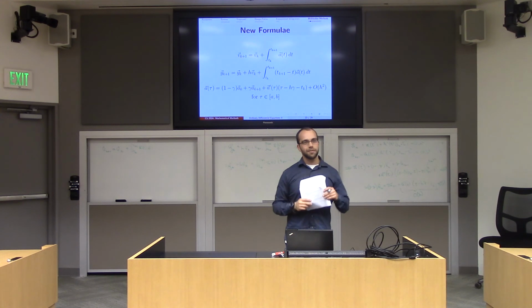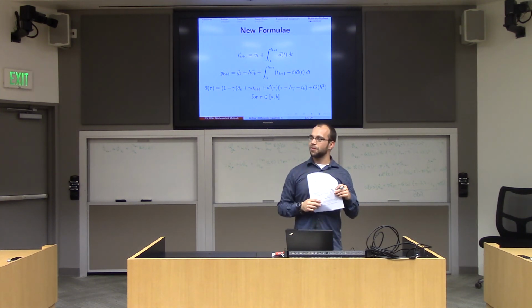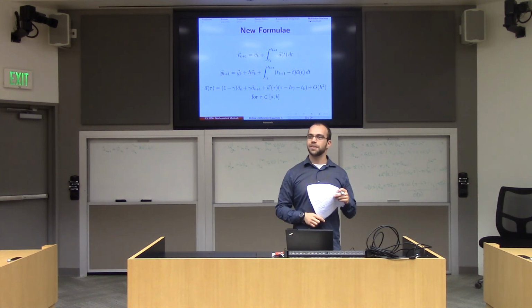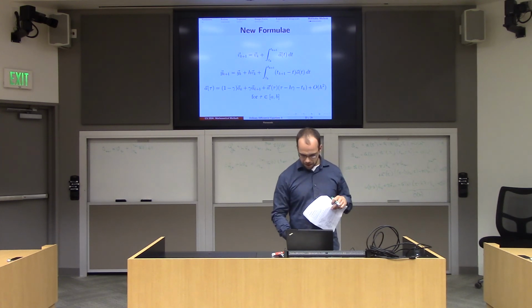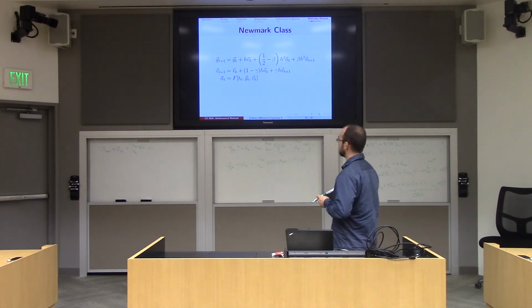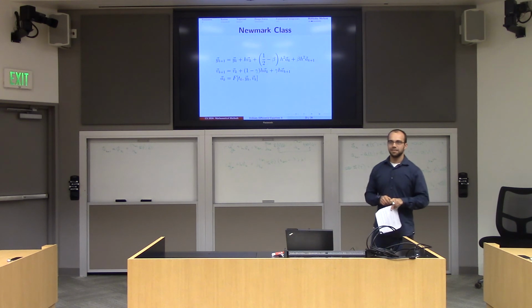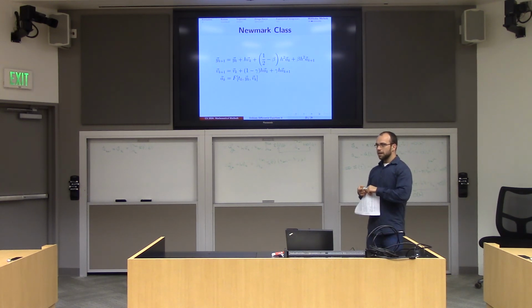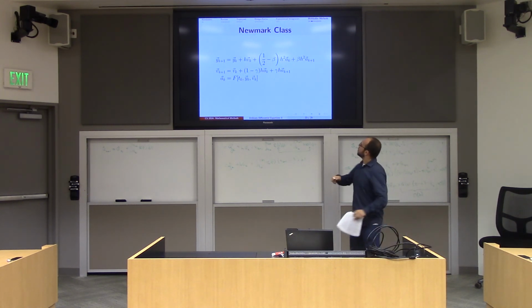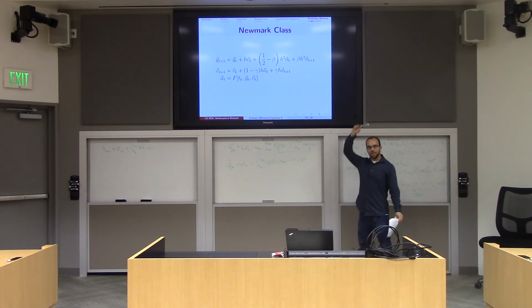To distinguish between these two things, he uses beta for the y step, and he uses gamma for the velocity step. Yeah? And for some reason he puts in a factor of 2, which you can do. Gamma is just a constant, so if you want to multiply by 2, you can. And that gives you the famous, I present to you, the famous Newmark class of ODE second order integrators.